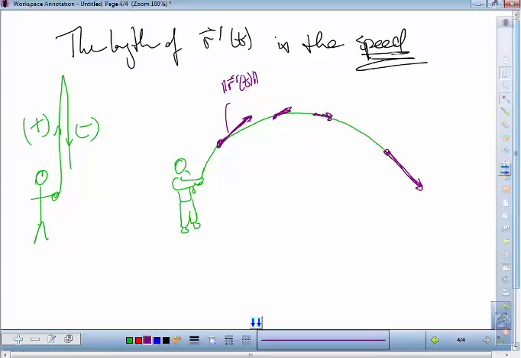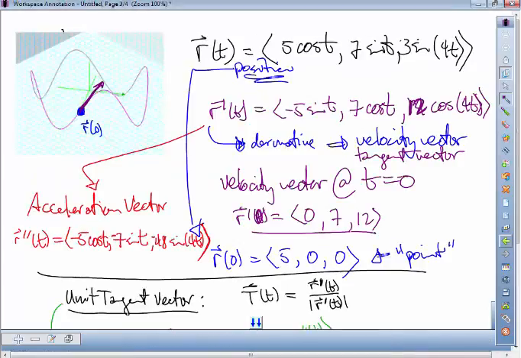All right? So we can ask ourselves, if you're on this roller coaster, do we actually define this to be a roller coaster?